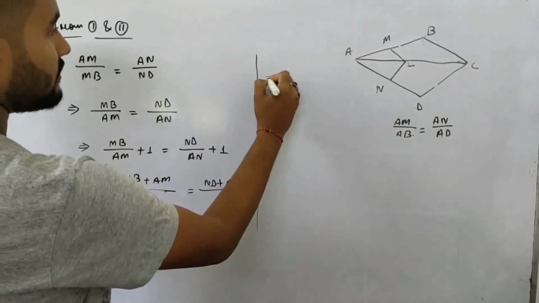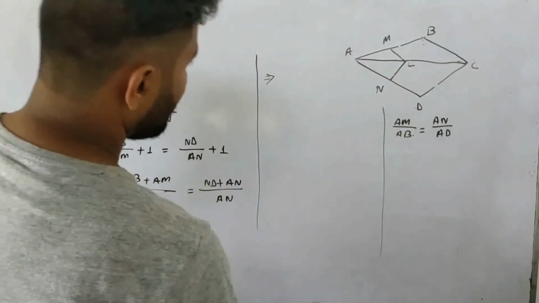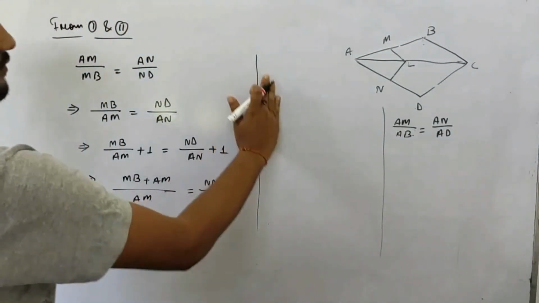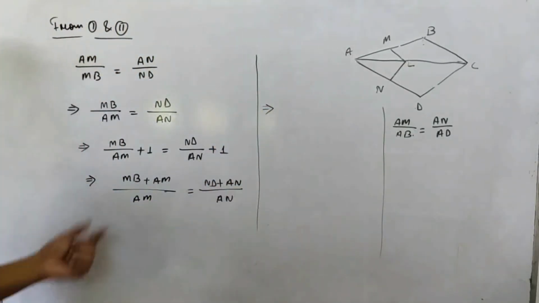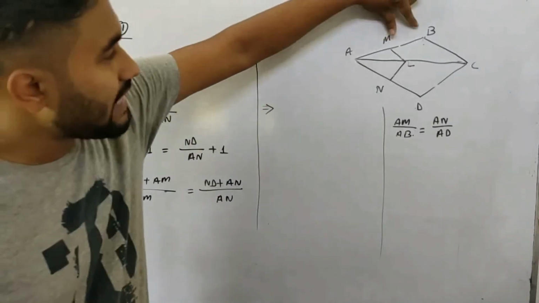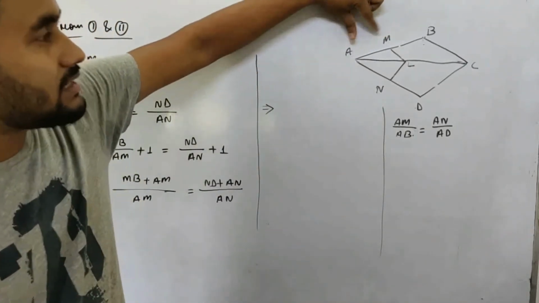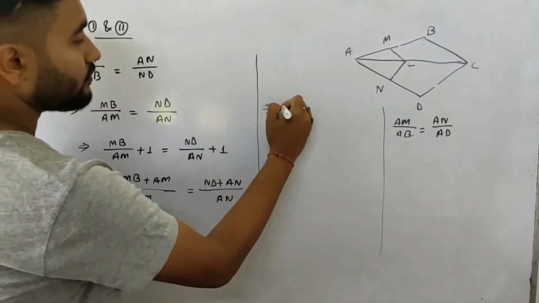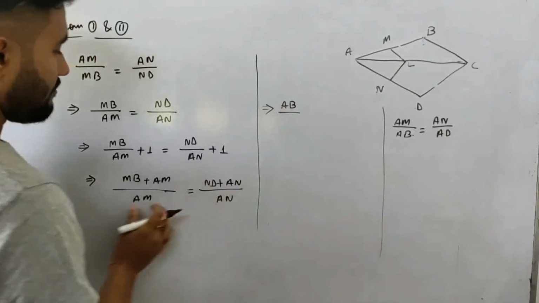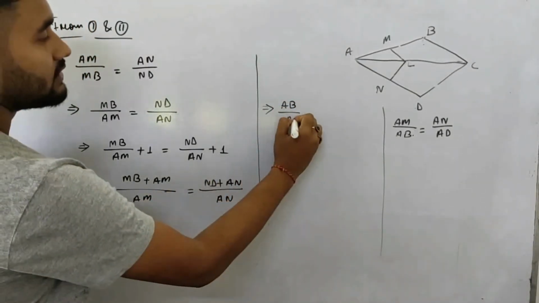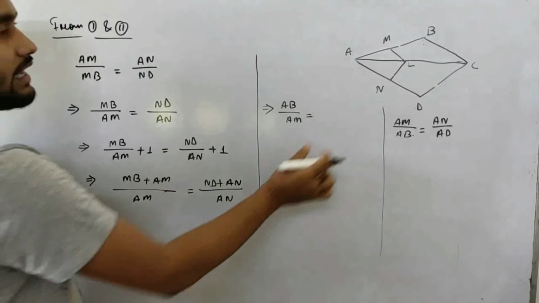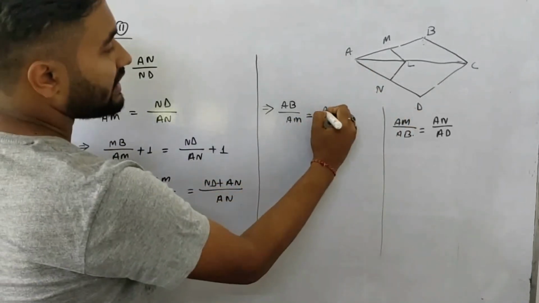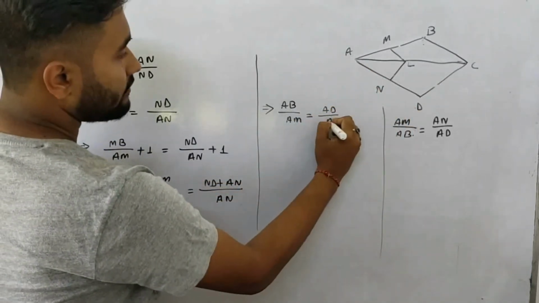So which implies, what is MB plus AM? MB plus AM is AB. So this is AB by AM. Similarly over here ND plus AN will be AD by AN.